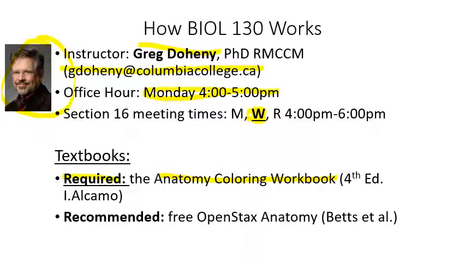You can buy it in most bookstores if you want to risk going into a bookstore. And if you have a friend who's taken this course before and they have their old book and they're willing to give it to you or sell it to you, that's fine as well. So the required textbook, Anatomy Coloring Workbook, you should get as soon as possible because you will start using it in the second week of the course.